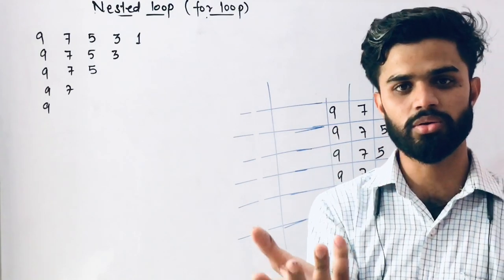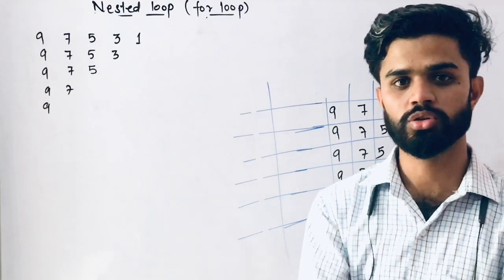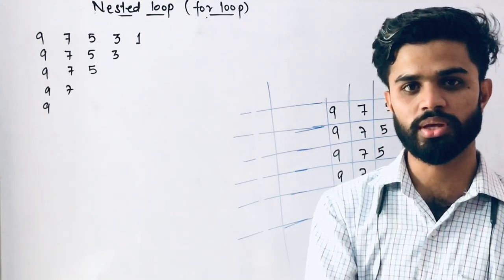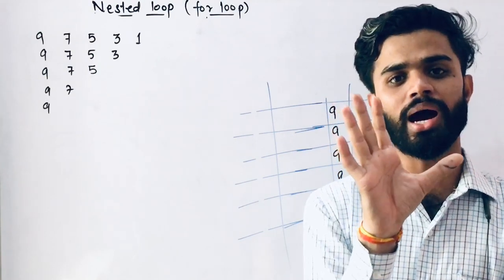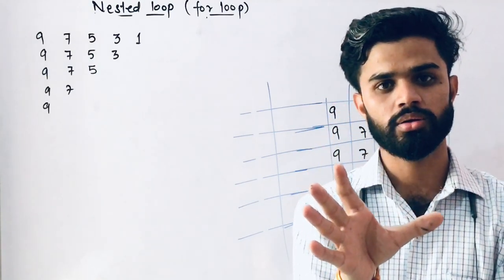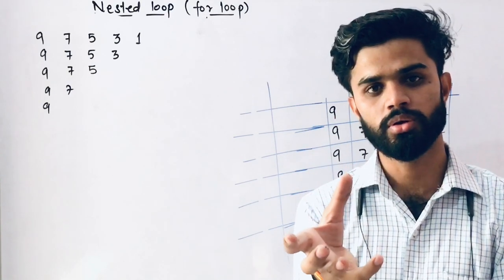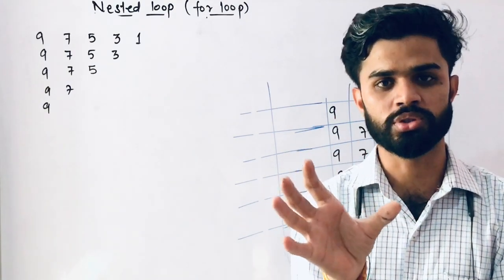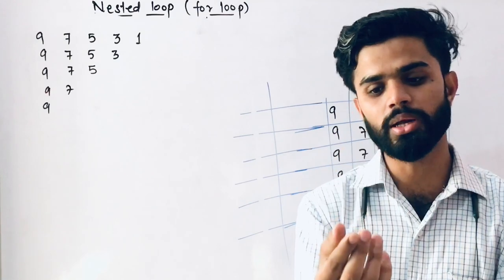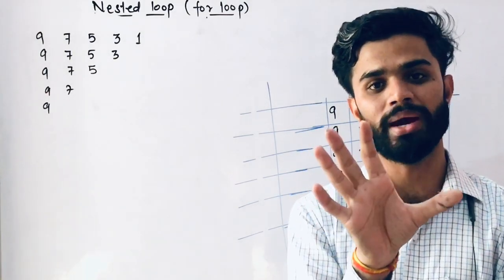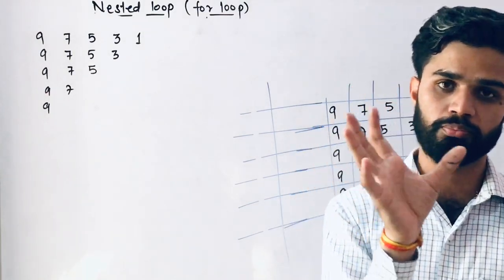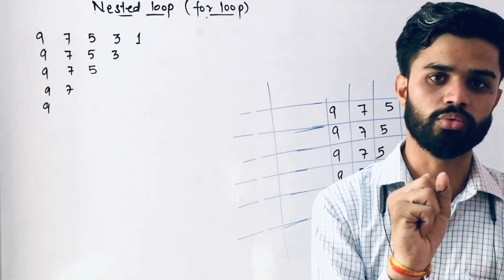Maybe there are 7 rows, 8 rows, 10 rows, 12 rows, maybe X number of rows. So your outer loop always prints the number of rows. Clear? If you want to print a pattern, then the pattern rows are printed through the outer loop. Clear?